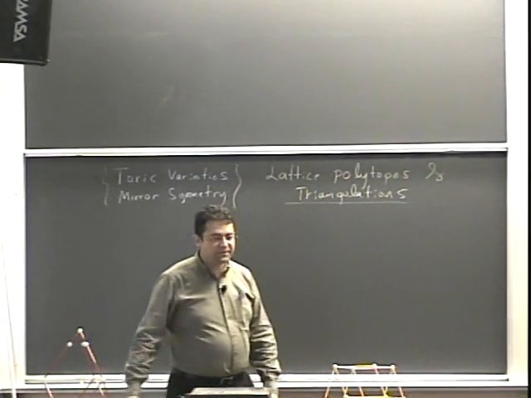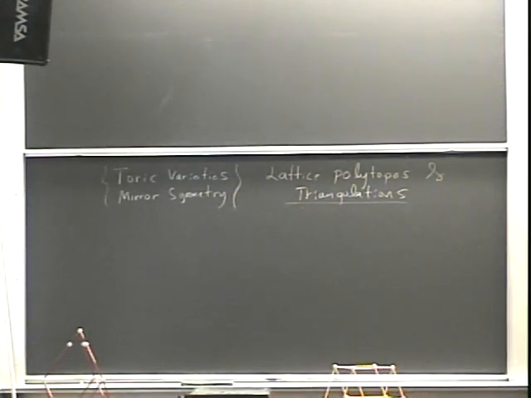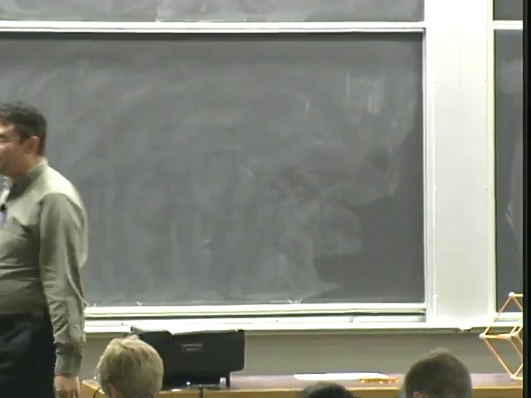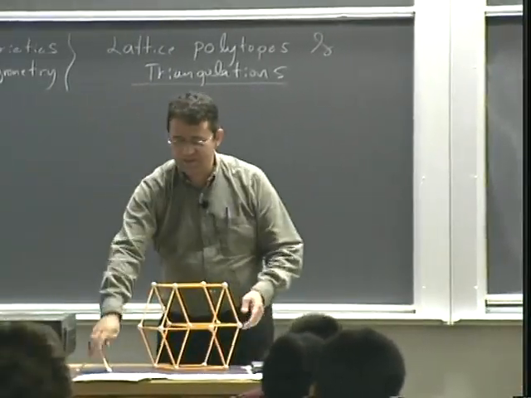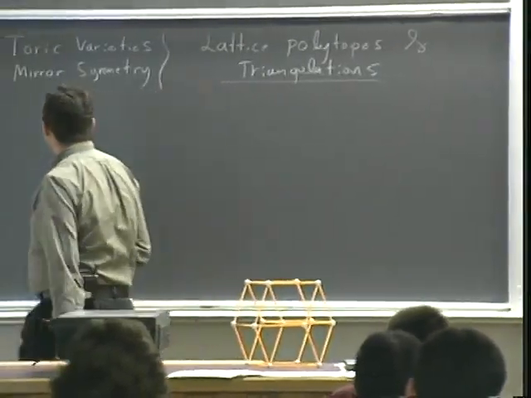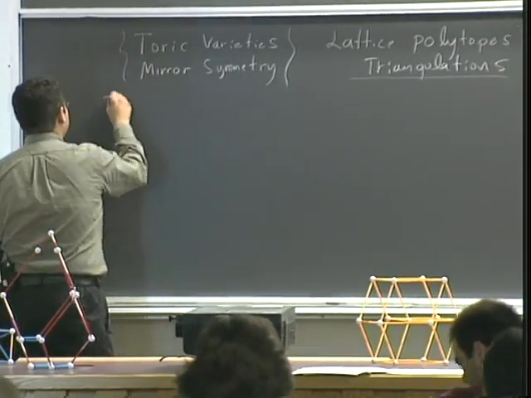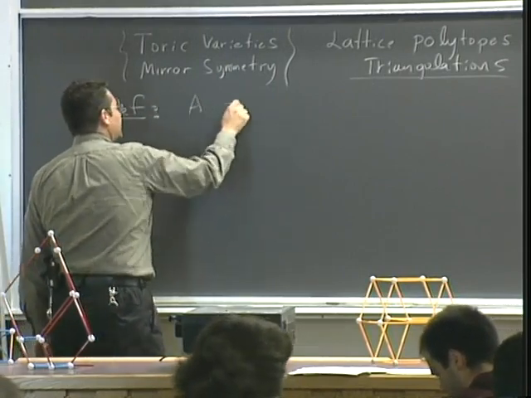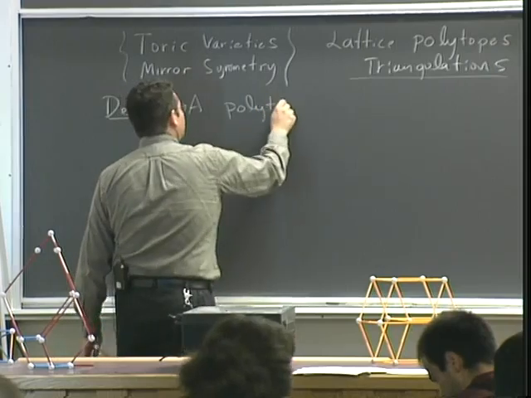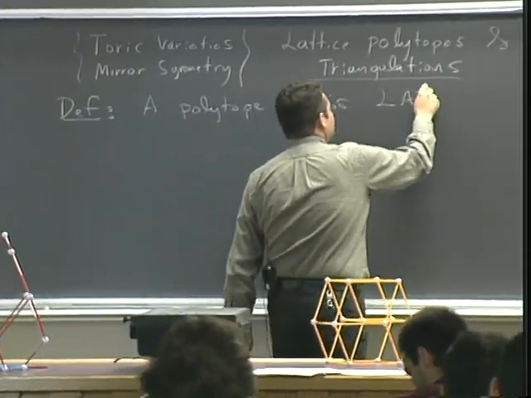Okay, so let me start by defining what I mean by a lattice polytope. A lattice polytope is a convex polytope, such as cubes or this beautiful tetrahedron, which has the property that all the vertices are integral. So here is the main definition. A polytope P is a lattice polytope.